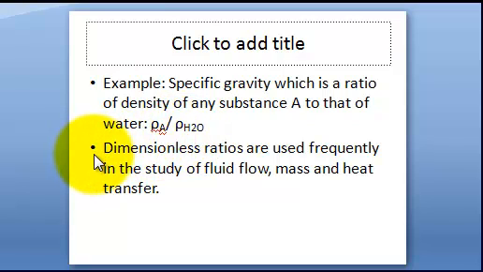Now, dimensionless ratios are used frequently in the study of fluid flow, mass, and heat transfer, all of which are important basic operations, earlier referred to as unit operations during food process engineering.